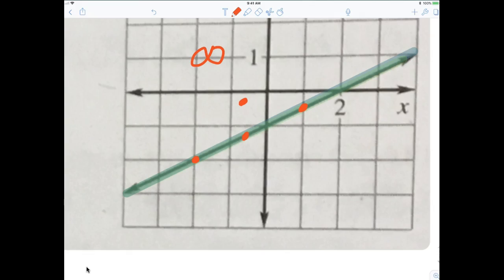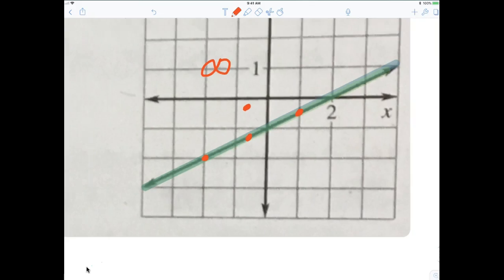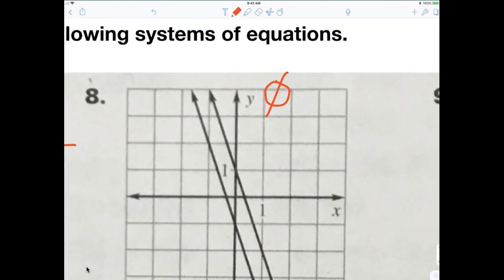So you have 3 choices when you have a system of equations: 1 point, there can be no points, or there could be infinite. Now, to describe them, all you have to know is that parallel lines will have no solution.